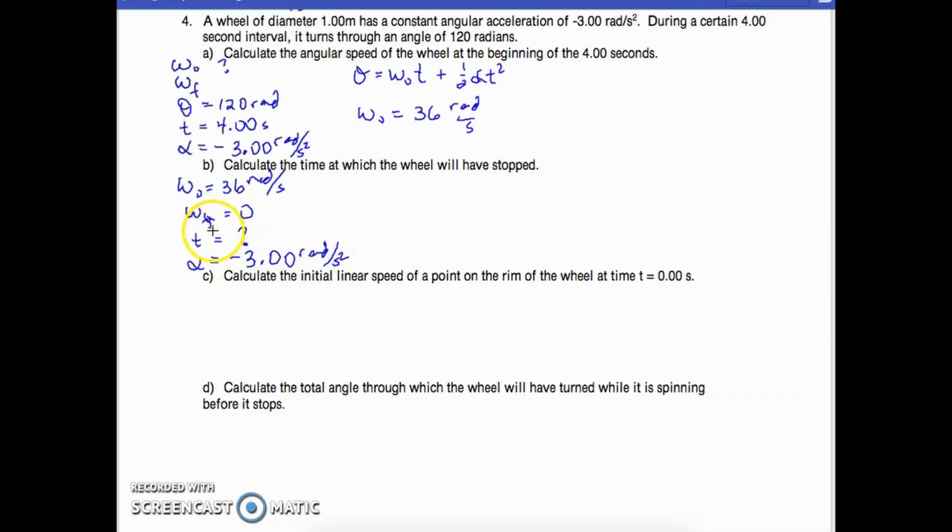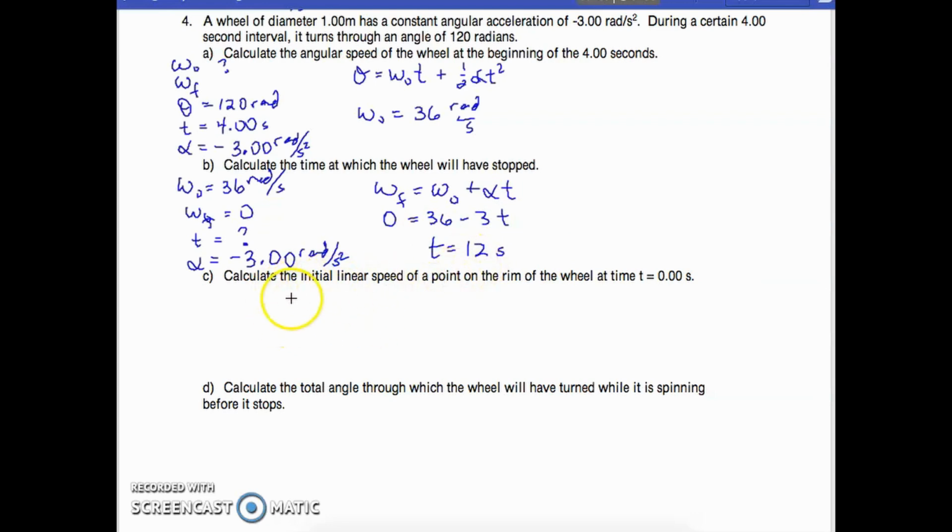We don't care about what angle it turns through just yet. So, picking your favorite kinematic equation that has a time in it. In this case, we have 0 = 36 minus 3t. Solving for time gets us 12 seconds.